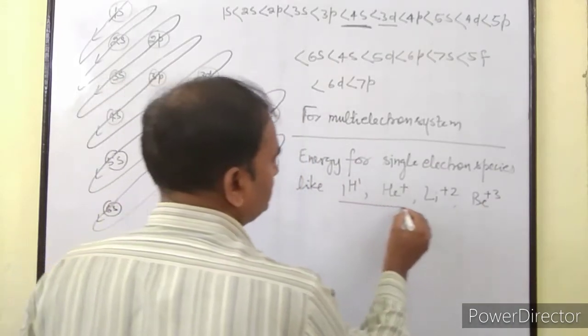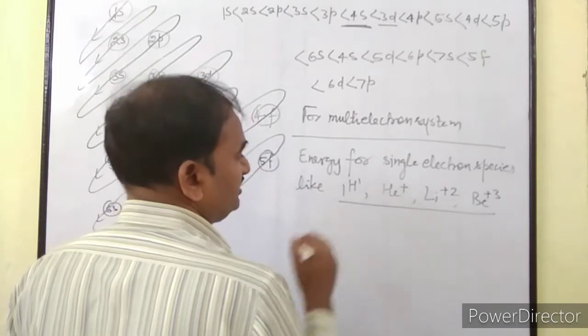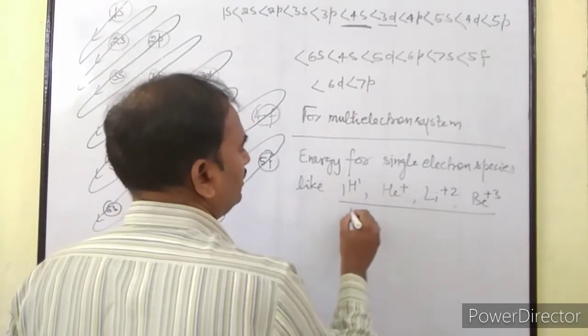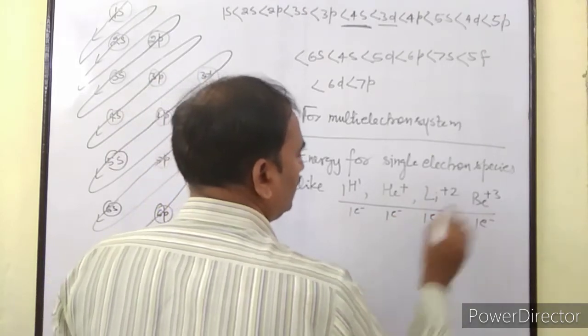You can see these species are single electron species. These have only single electron, one electron, one electron, one electron, and one electron.